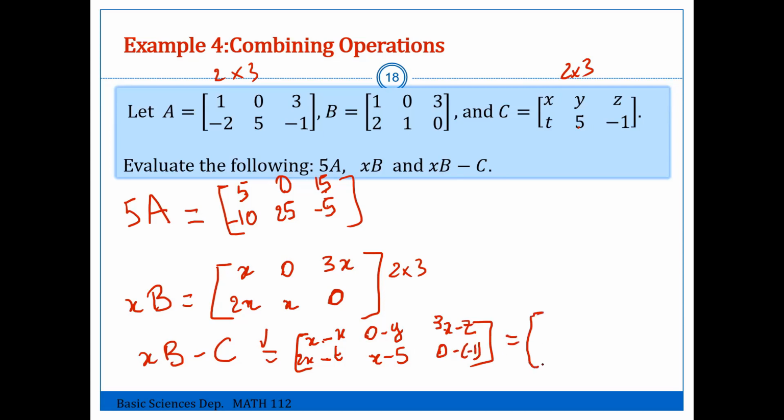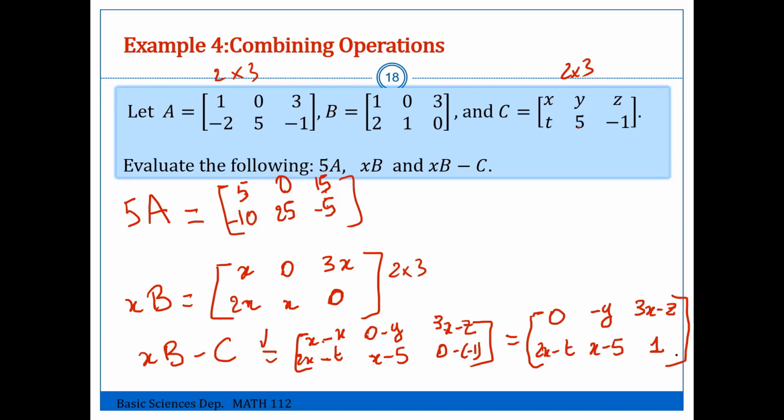And we see whether we can simplify. x minus x is 0, 2x minus t minus y, x minus 5, 3x minus z, and 1.